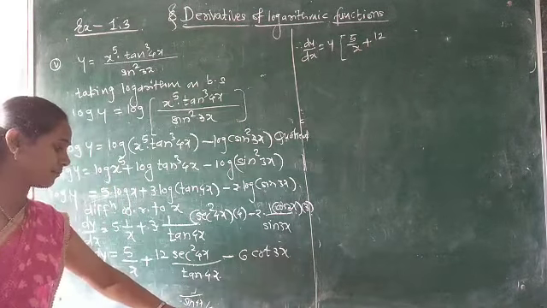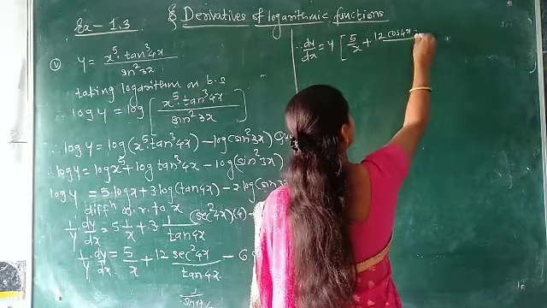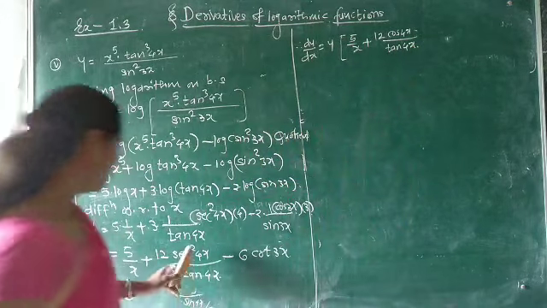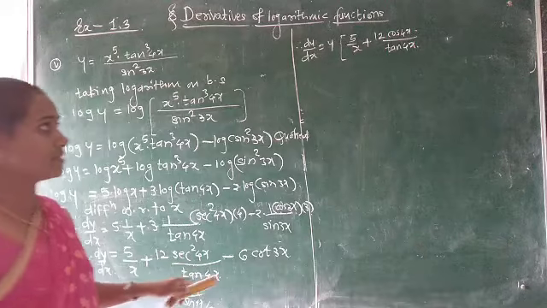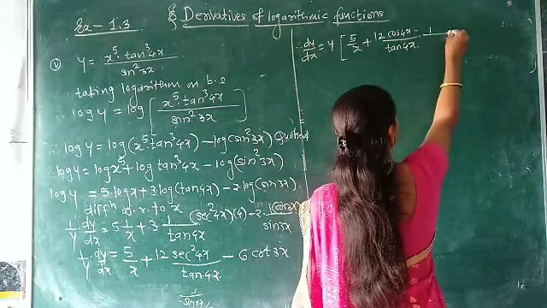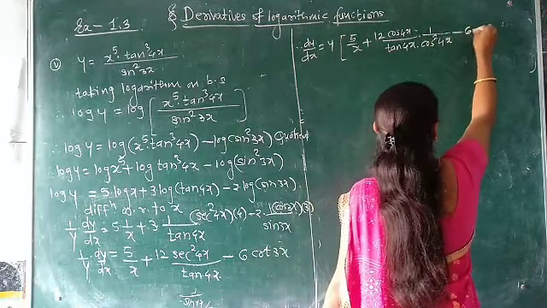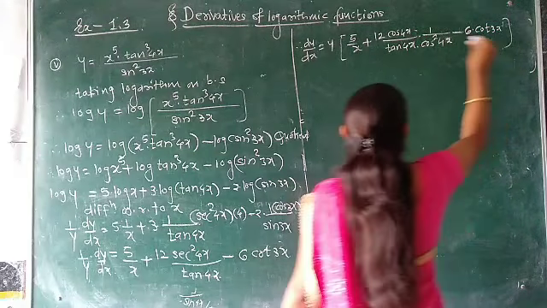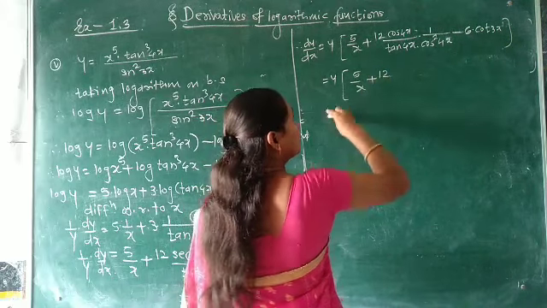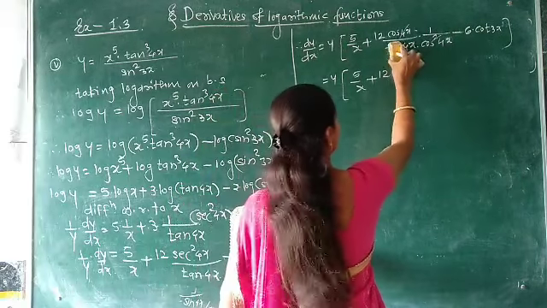So this cos 4x will come into the numerator. 1 upon tan means cot, and cot is cos upon sin, and sec square 4x can be written as 1 upon cos square 4x, minus 6 cot 3x. So dy upon dx is equal to y into 5 upon x plus 12 into, now look here, cos 4x and 1 cos 4x will get cancelled. Here no tan, there is sin 4x.